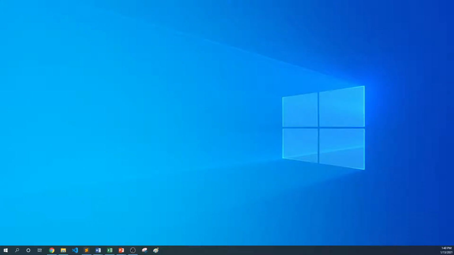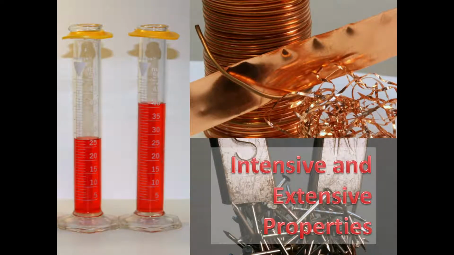It means it's a natural part of you. And intensive is related to intrinsic.